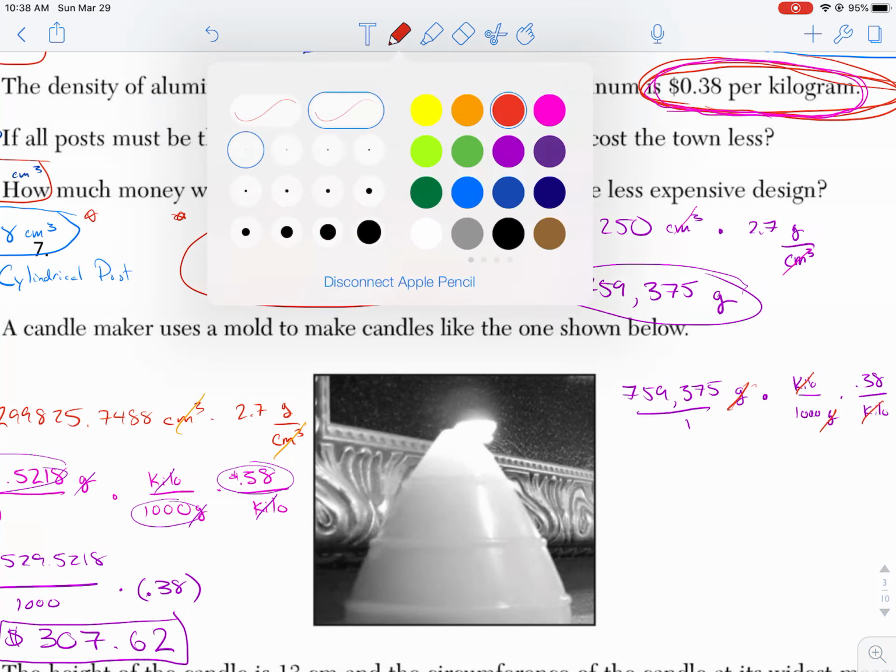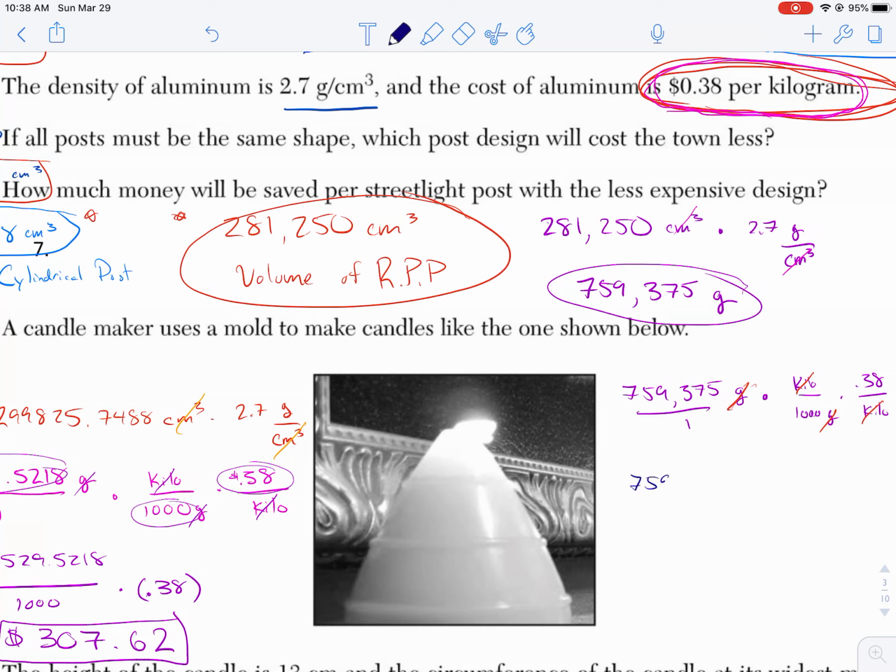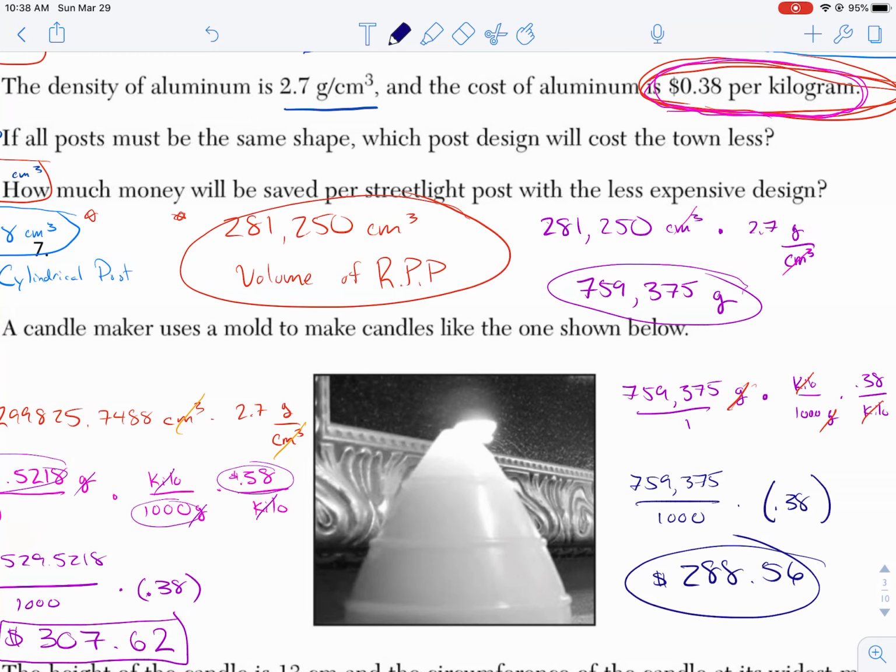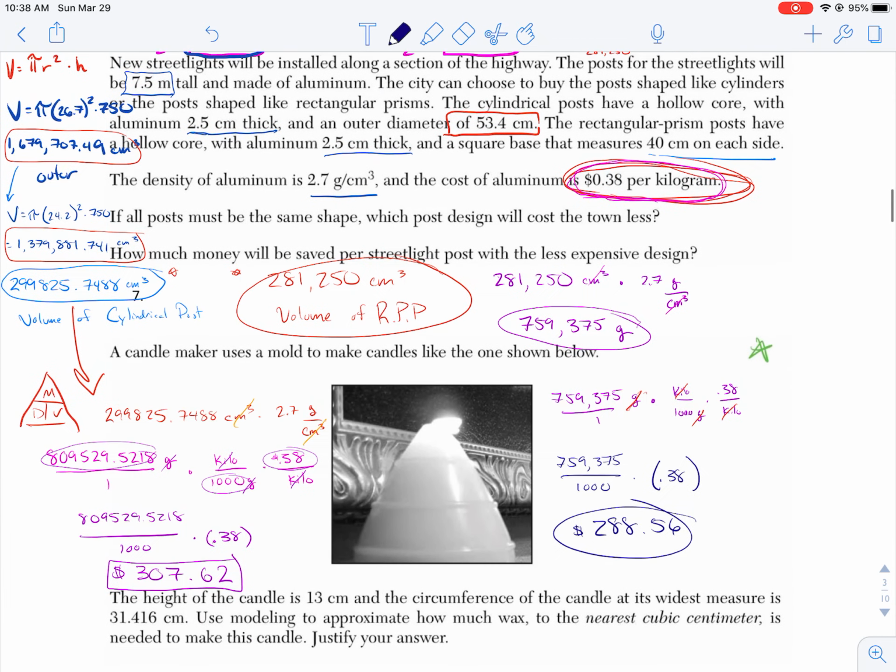So again, our grams cancel, our kilograms cancel, and when you multiply all that out, you should get $288.56 for the cost of this rectangular prism post.